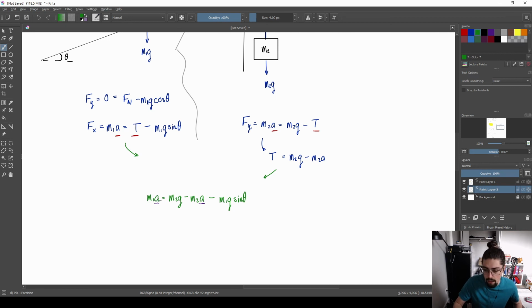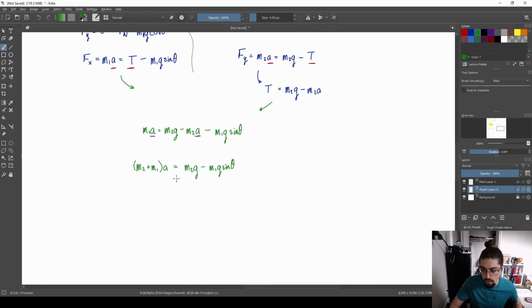So let's group that together on the left-hand side and simplify it a little bit. Now I've got M2G minus M1G sine of theta. My acceleration is this slightly nasty thing divided by M1 plus M2.